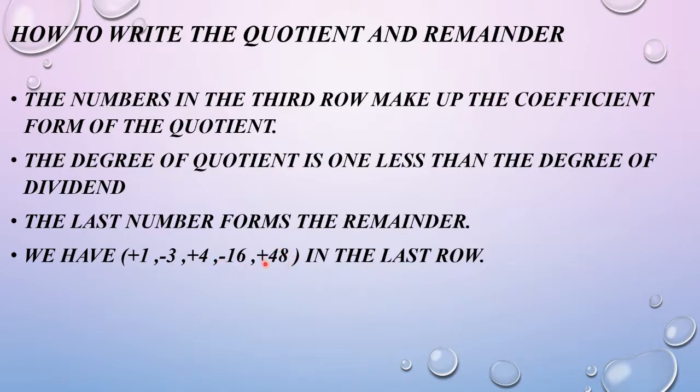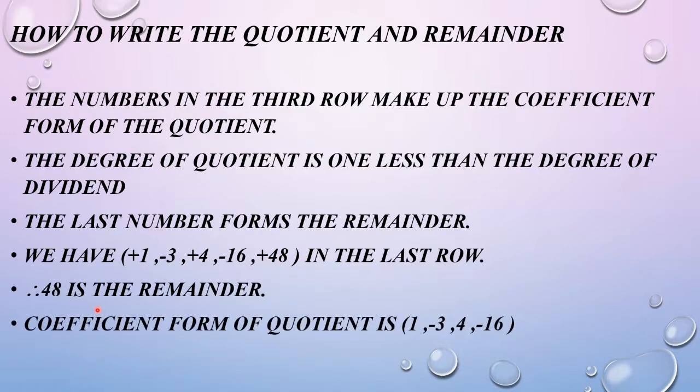Therefore, plus 48 will be the remainder and the coefficient form of the quotient will be the previous numbers, that is 1, minus 3, plus 4 and minus 16. Therefore, our quotient will be 1x cube minus 3x square plus 4x minus 16.